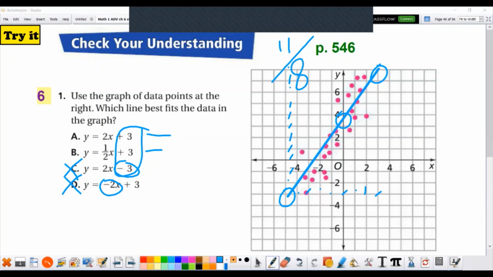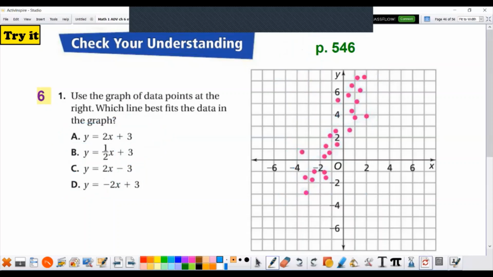Well, this is definitely bigger than that. So I'm going to go with this one, up 2x over 3. It's not like up 1 over 2. If I look at the graph again, if I pick somewhere up 1 over 2, up 1 over 2, yeah, that's not really working out. It's more like up 2 over 1, up 2 over 1, up 2 over 1. Hey, that is it. I'm going to go with A.